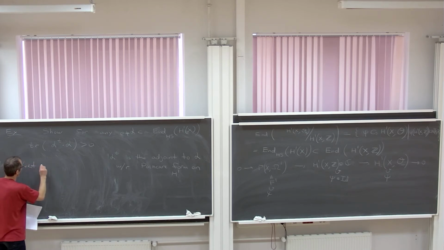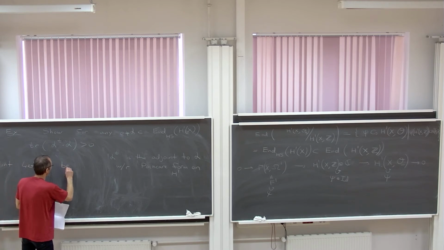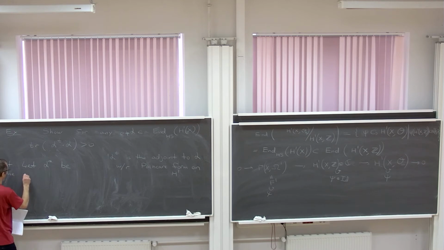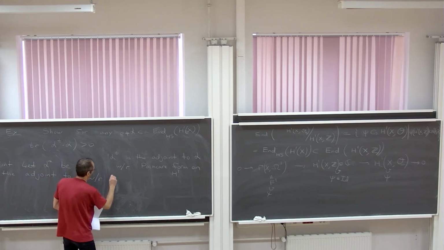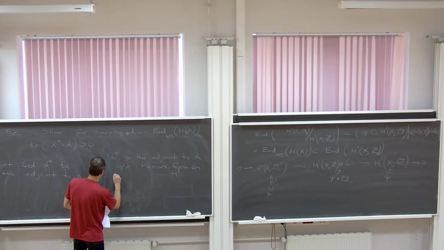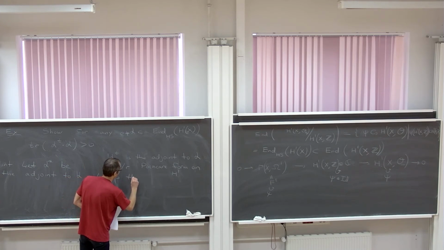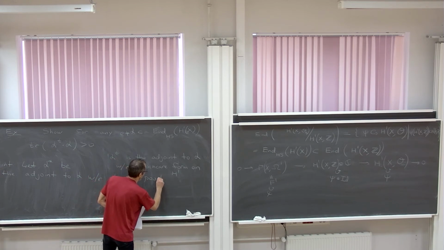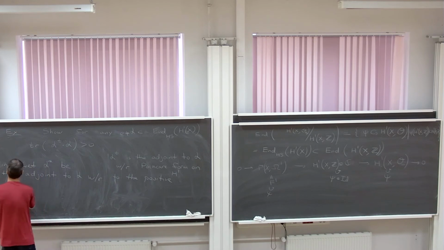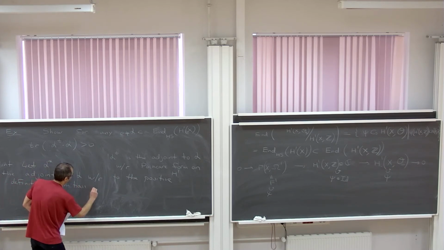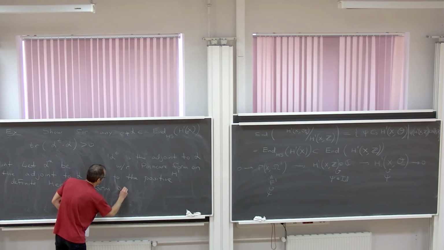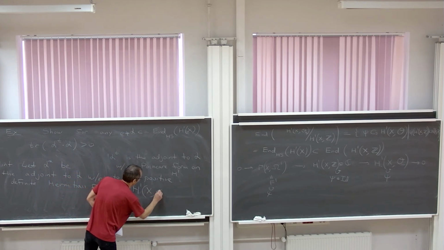Let alpha star be the adjoint to alpha with respect to the positive definite Hermitian form on H1 of X with complex coefficients.